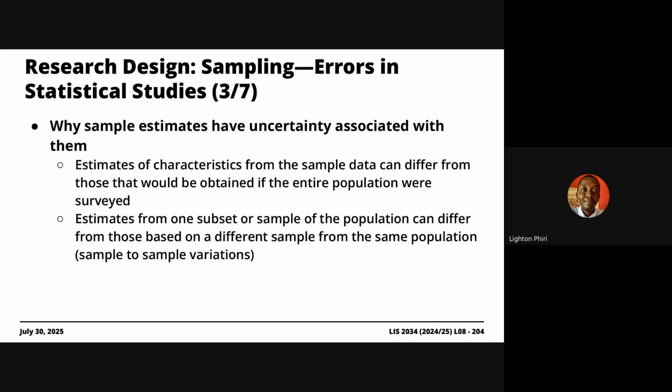Now, a few points here as to why the sample estimates may have uncertainty associated with them. We see here that the estimates of characteristics from the sample can differ from those that would be obtained if the entire population were surveyed. A classic example here would be minors.